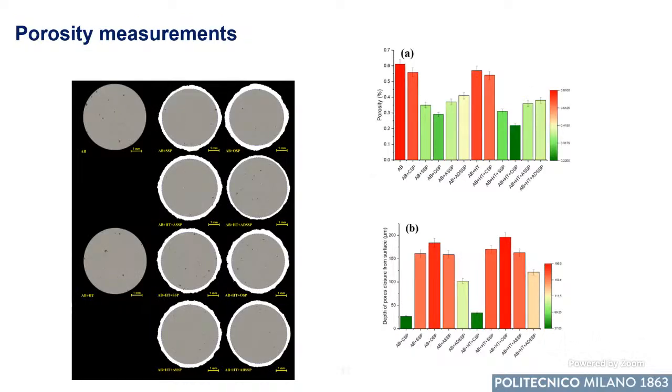The porosity measurement, here we appreciate the effect of the shot peening treatment in terms of porosity, and we see that with ascending descending, we are able to get better results with respect to conventional shot peening. Overshot peening is even better, but with other problems, let's say. And this is the depth of the pore closure after the treatment.